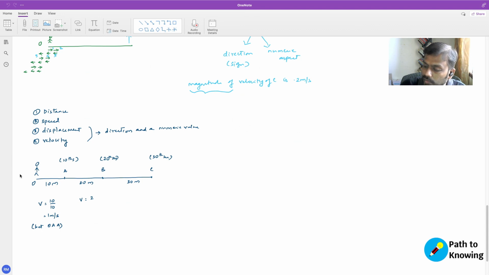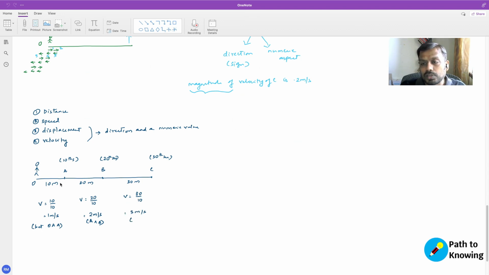Similarly, between B and C it is 30 by 10, which is 3 meters per second.